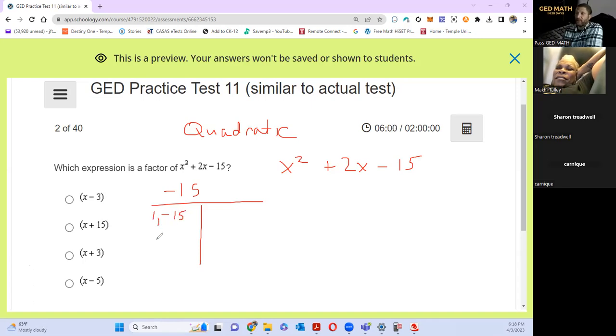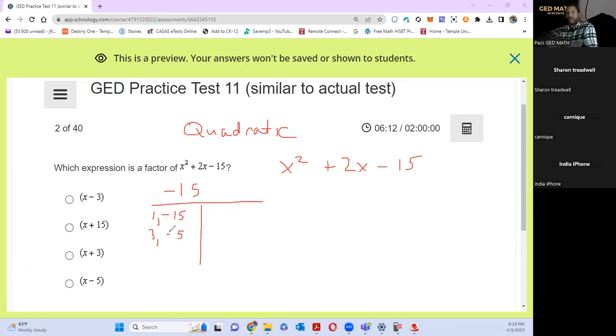Does 3 go into negative 15? Yes, 3 times negative 5. 4 doesn't go into 15, and we already said 5. So we already have the pairs that multiply together to get negative 15.